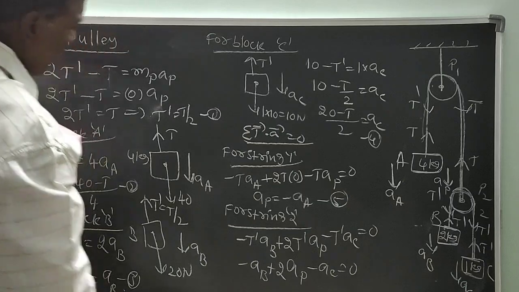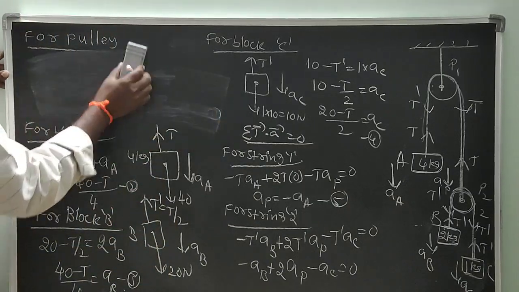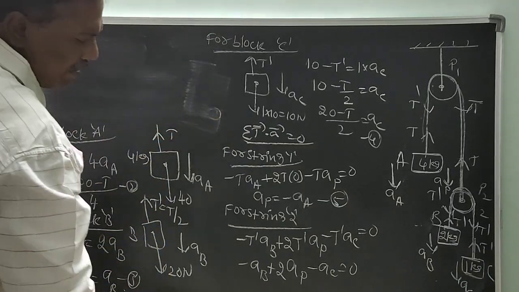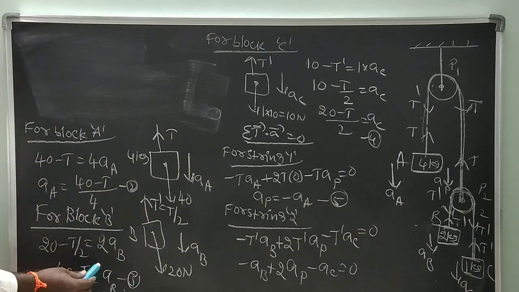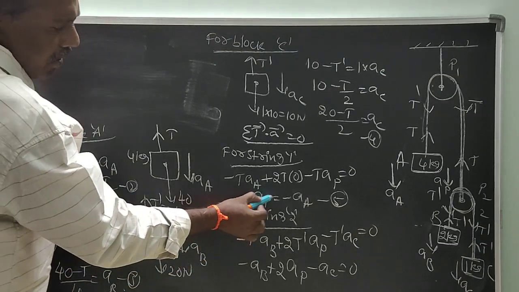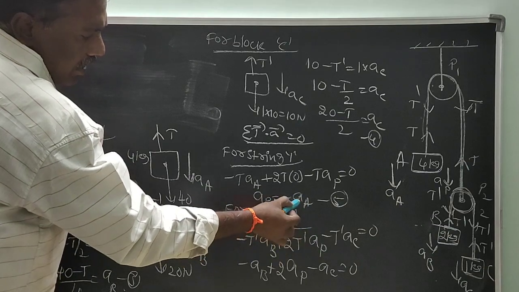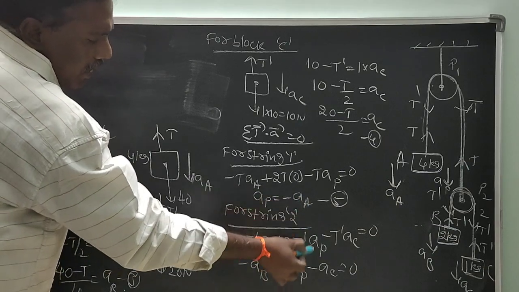What is the relation between the acceleration of the pulley and the acceleration of A? The acceleration of the pulley is equal to minus AA.